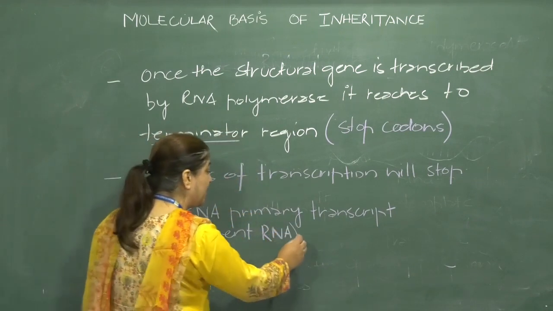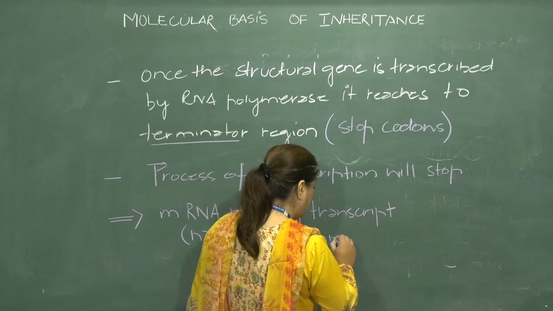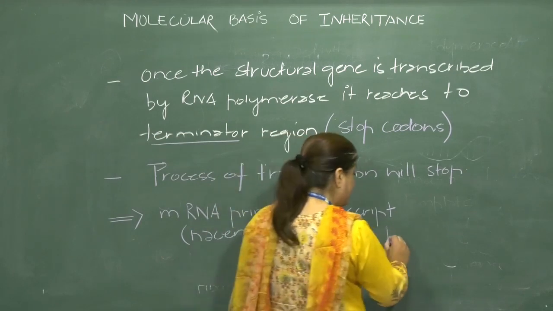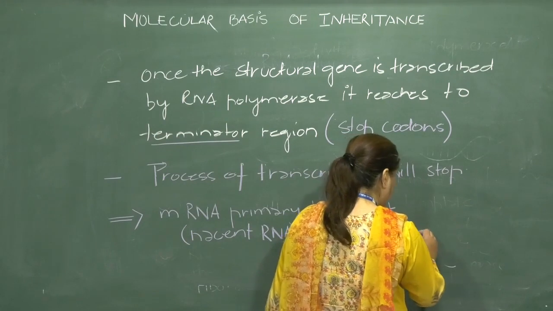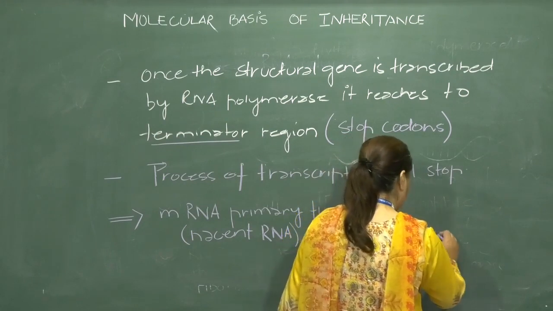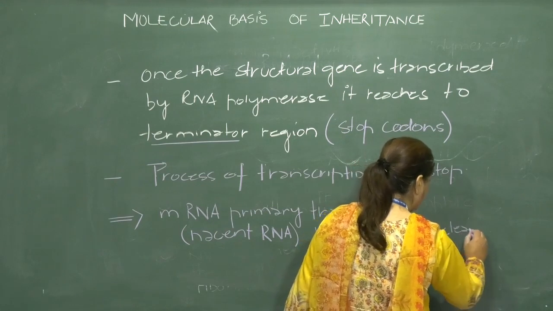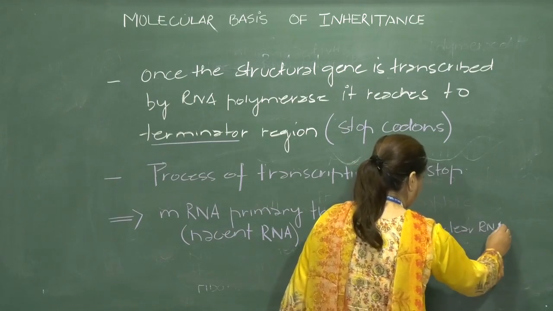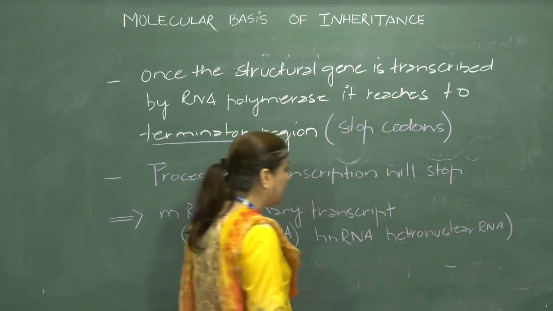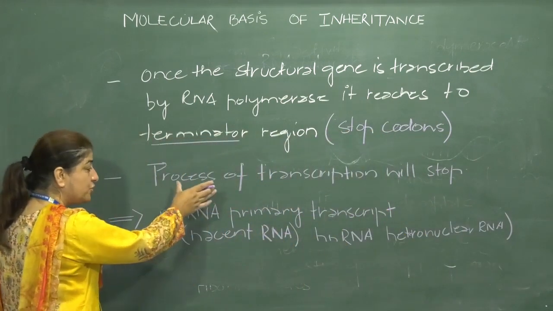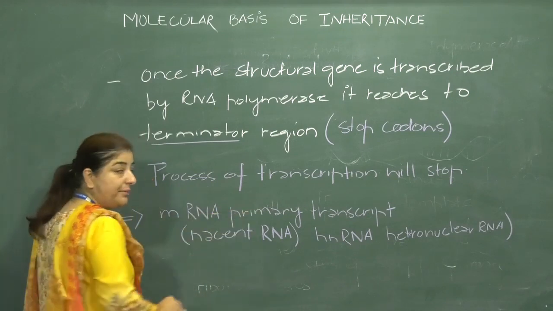This is also known as hnRNA. This hnRNA means heteronuclear RNA. So, the process of transcription will stop. We will get the mRNA primary transcript.